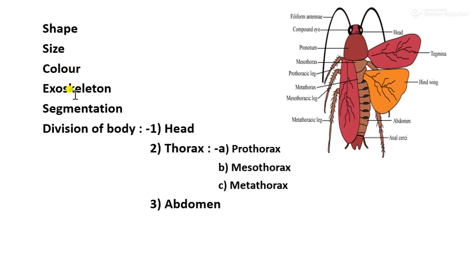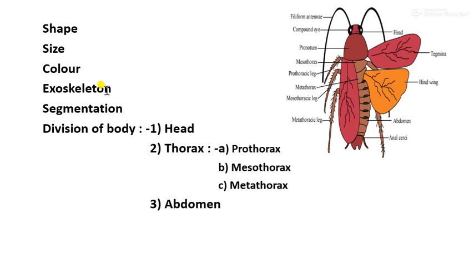Now we see the exoskeleton of cockroach. What is exoskeleton? The entire body of the cockroach is covered by a hard brown colored chitinous cuticle, and that chitinous cuticle is the exoskeleton.